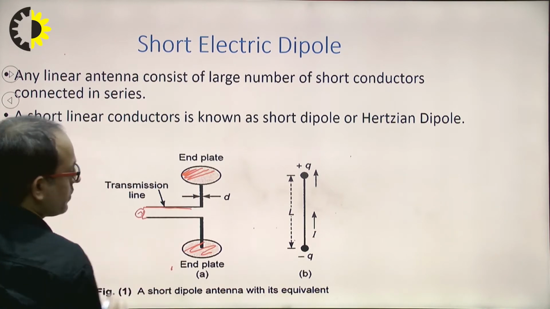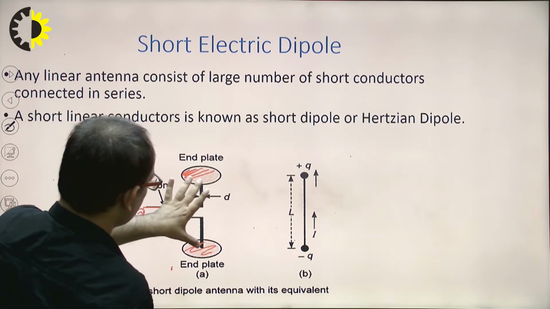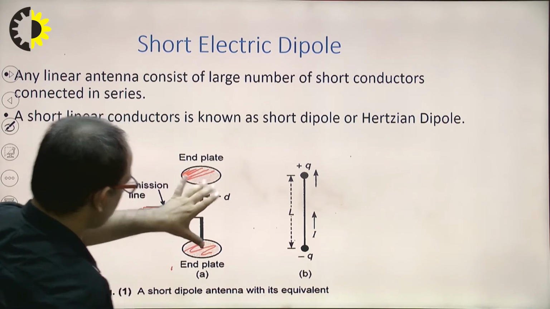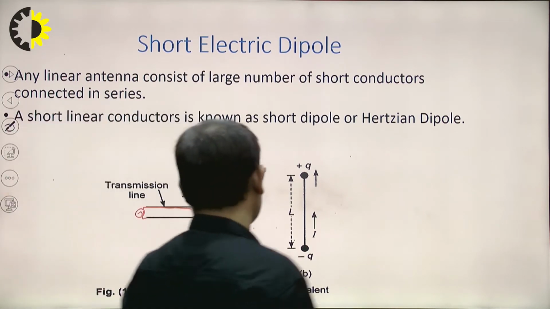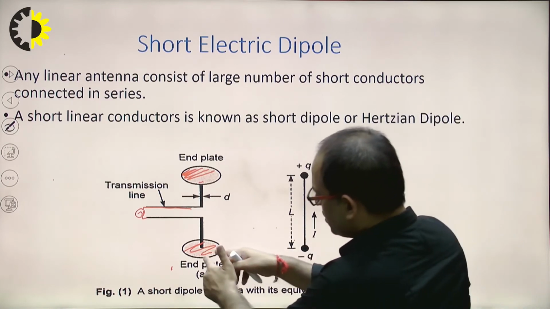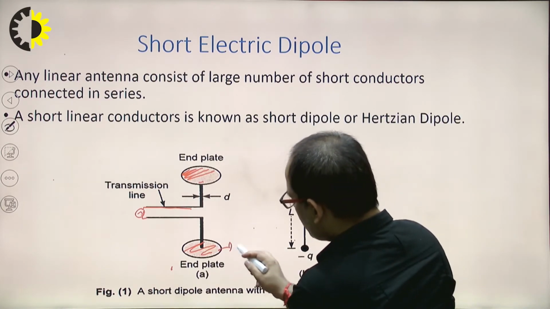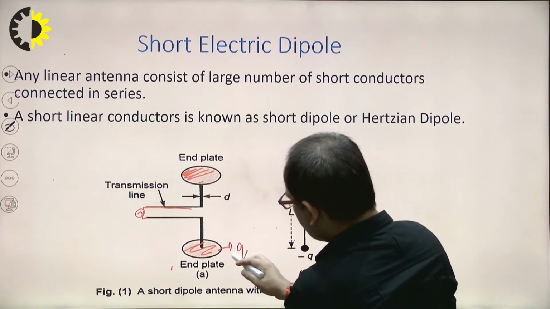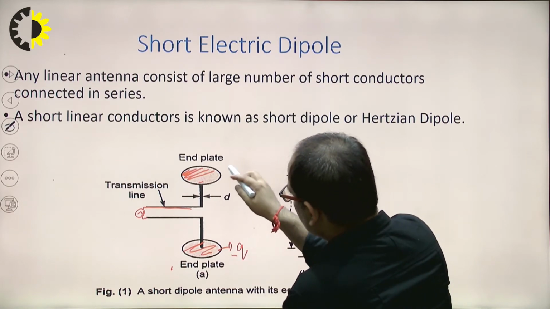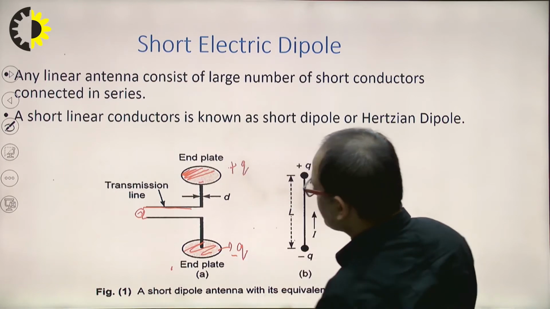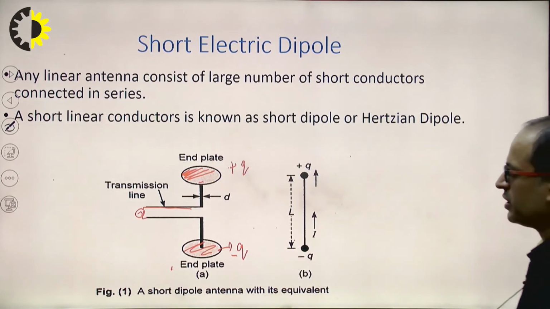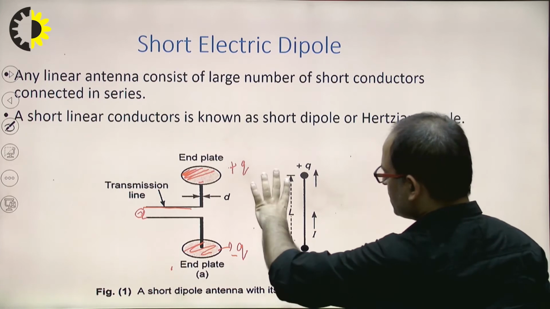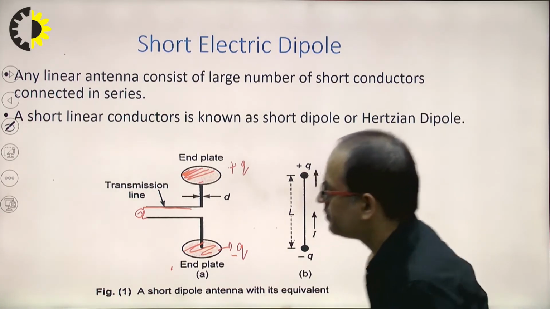The length between these two plates will be very small. This end point acts as one charge because it is a dipole. This acts as one charge, minus q, and the other is plus q. Clear? So from minus q to plus q, the distance is L.